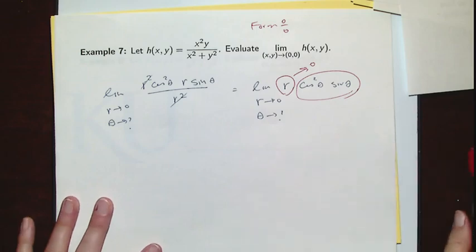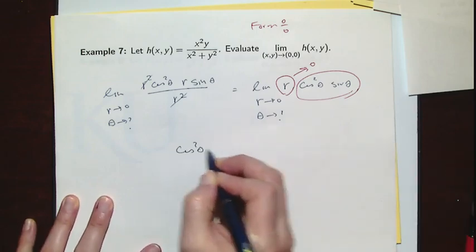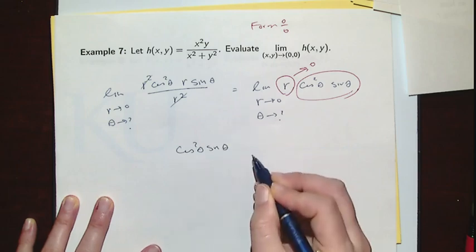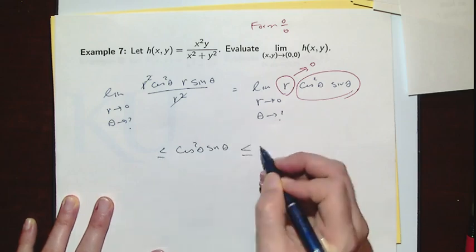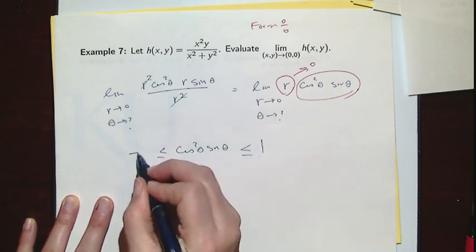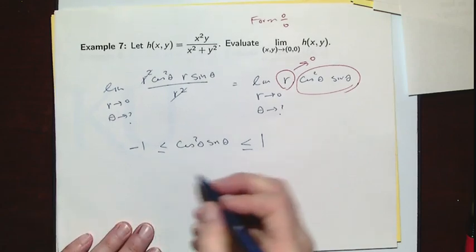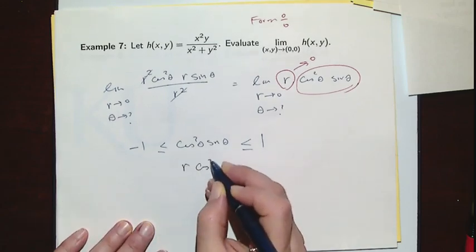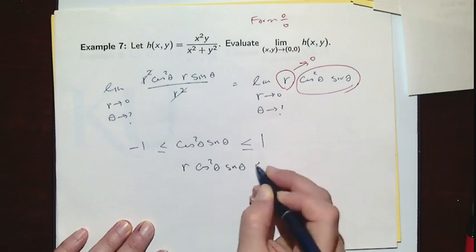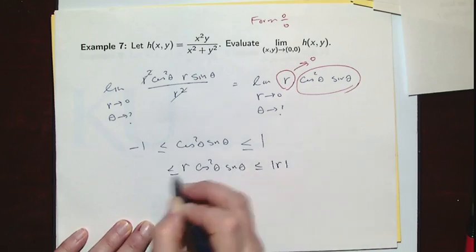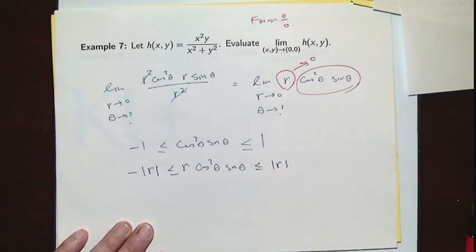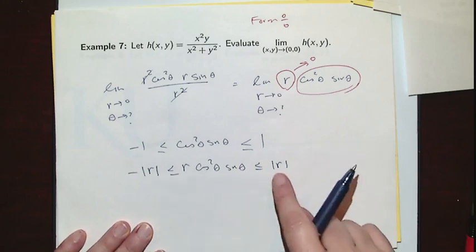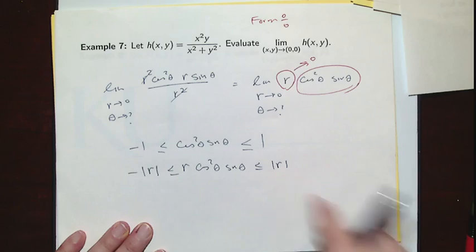Why can it not get infinitely big? So what's the maximum I can get out of this? What's the minimum? Now multiply it by r. What can you get? Right? Agreed? As r goes to 0, what does this go to?